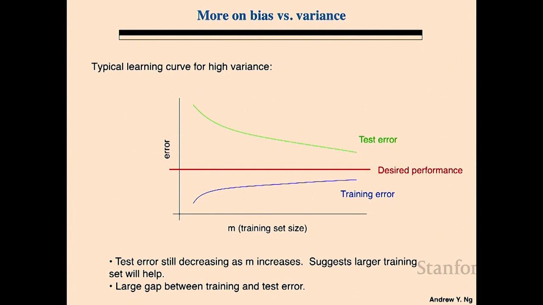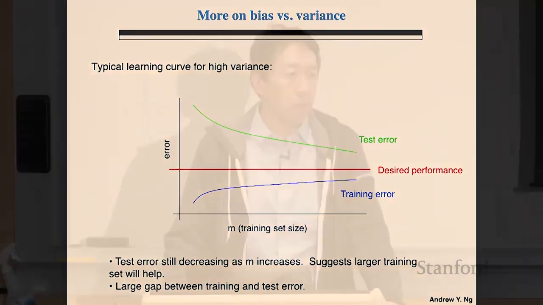The stronger signal is actually the second one. The fact that there's a huge gap between your training error and your test set error, or your training error and your dev set error, which would be a better thing to look at, is a stronger signal that this particular learning algorithm has high variance, right?